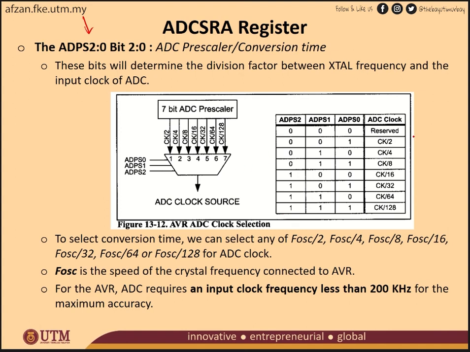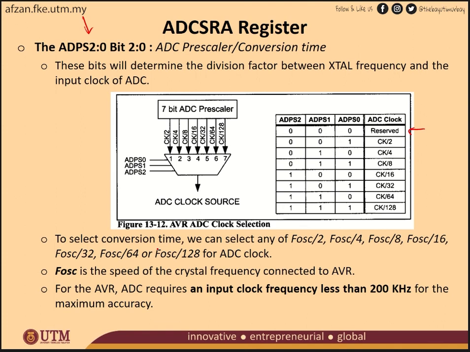If you put 000, this is reserved, you cannot use it. 001 means you divide your external frequency by 2. 010, you divide it by 4. 011, you divide by 8. 100 is a 16 prescaler, followed by a 32 prescaler for 101. 110 is 64, and lastly 111 is a 128 prescaler.